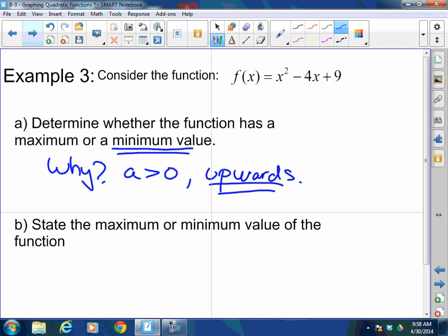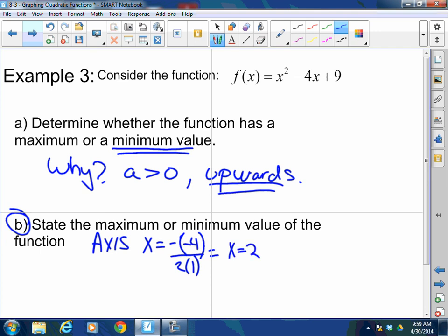What is the minimum value? How do you find the minimum value? Find the vertex, and then the y value of the vertex is the minimum value. So first, find the axis of symmetry. The axis is x equals negative b over 2a.